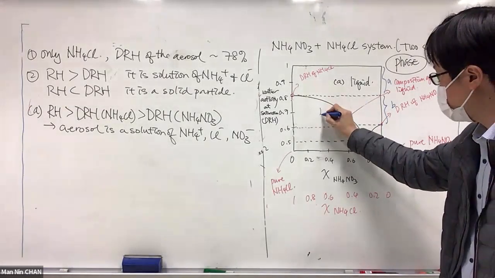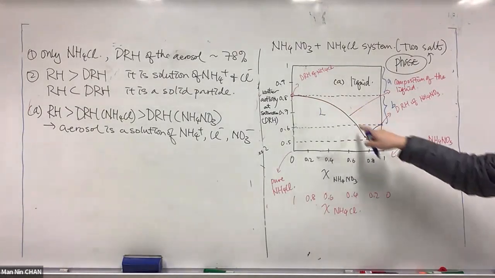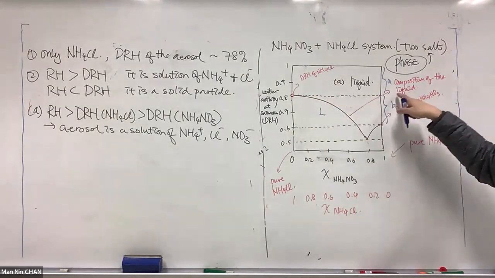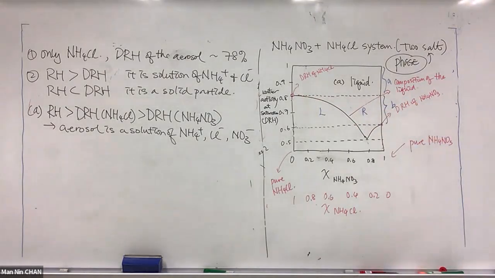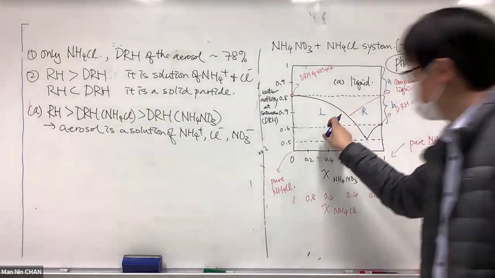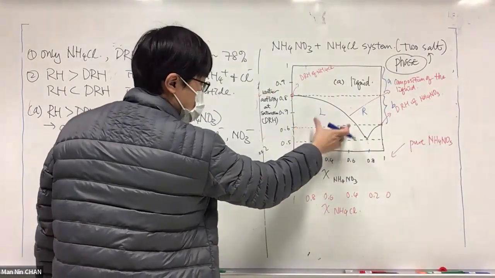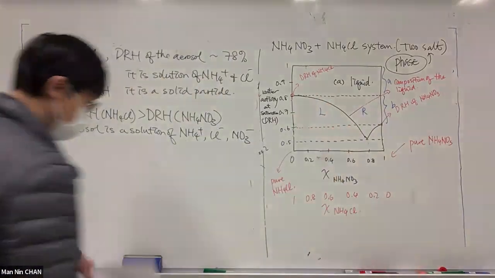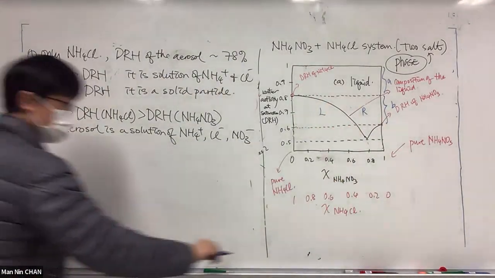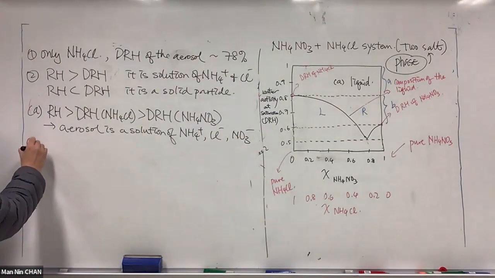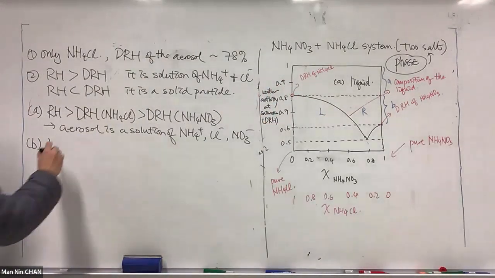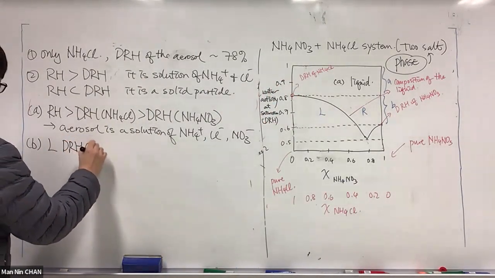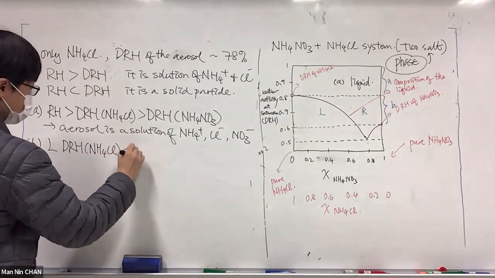So let's say this is the left-hand side of your line, because this line will give you the composition of the liquid. And then this is your right-hand side of your solution line here. So let's see what happens. For my region B, now I'm looking at my left-hand side. How do I define this left-hand side? This is within the DRH of my ammonium chloride, right?